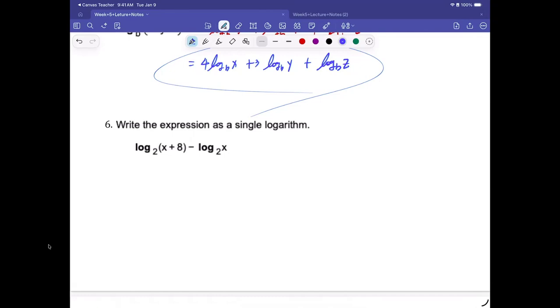Number 6 is subtraction. So this one is going to be very simple. This one divided by that, right? And then I think that's it.